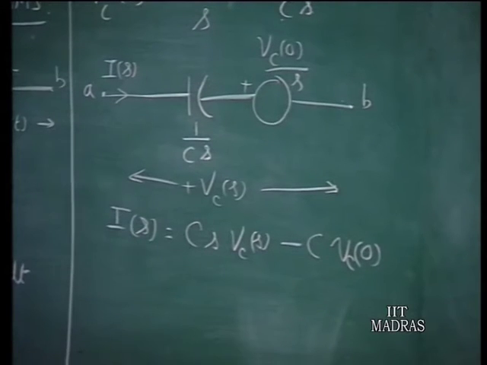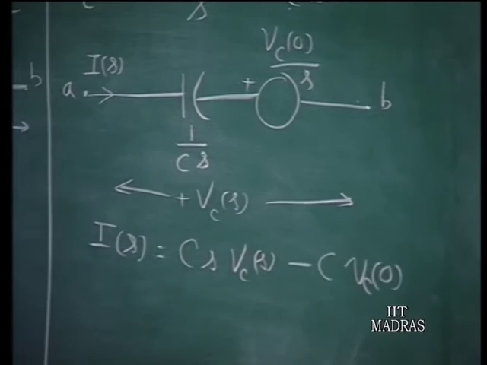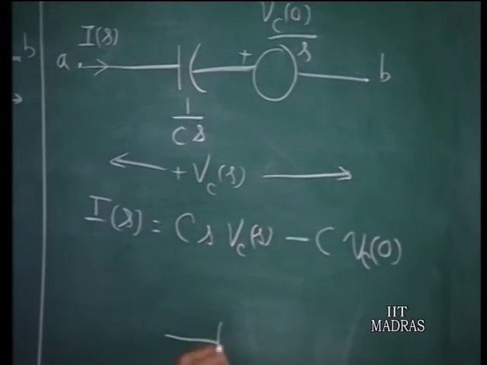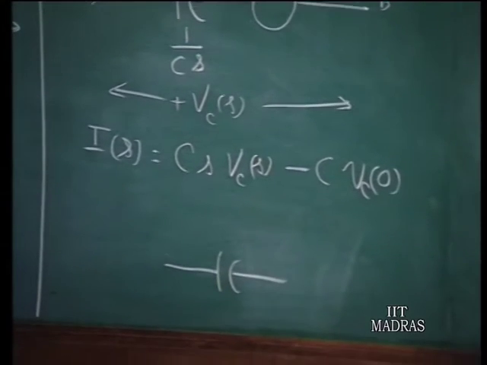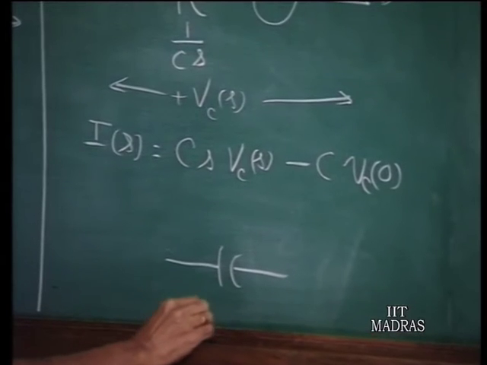So the current is now expressed in terms of the voltage like this. This can be represented by a similar diagram like this. You have a capacitor whose voltage is Vc of s.